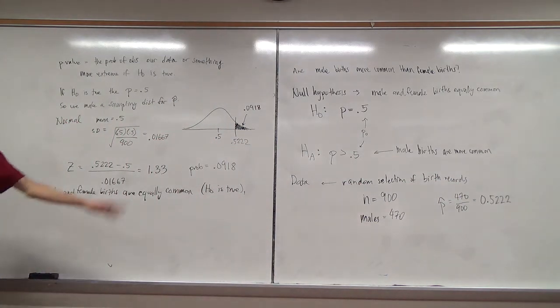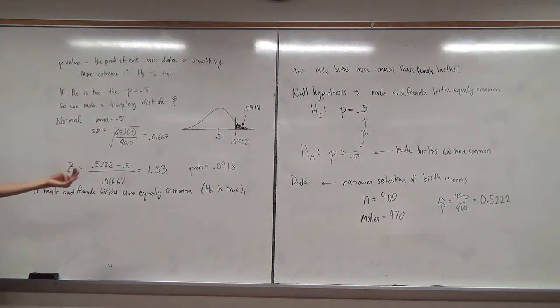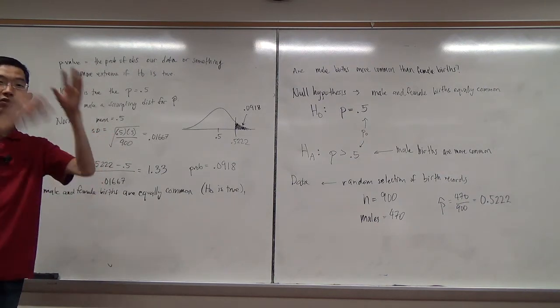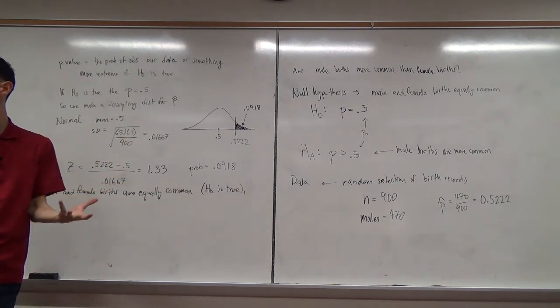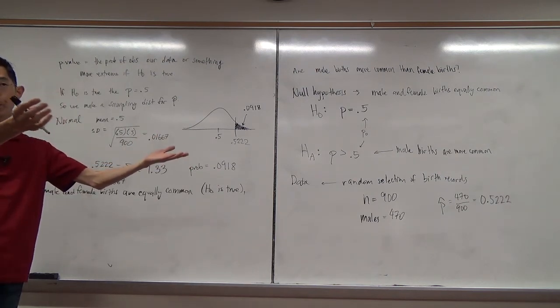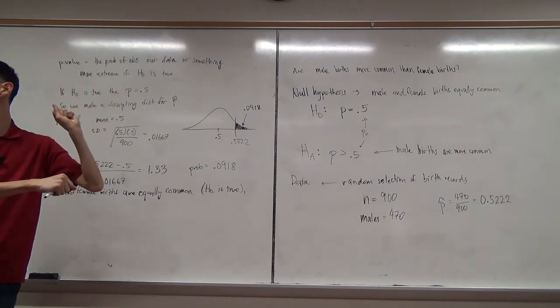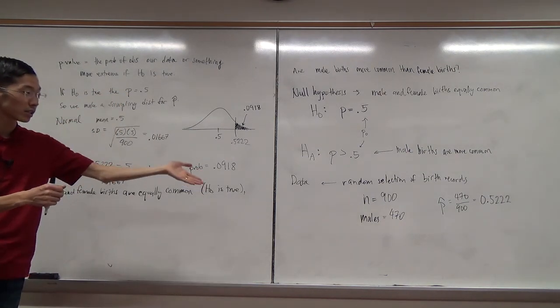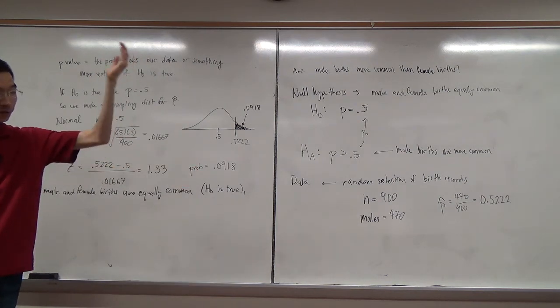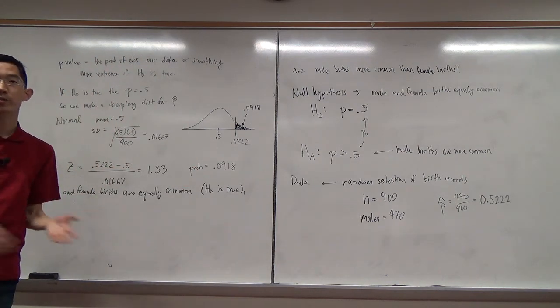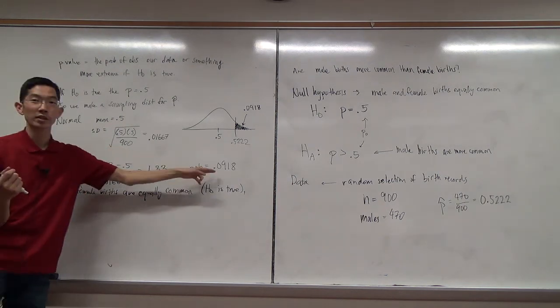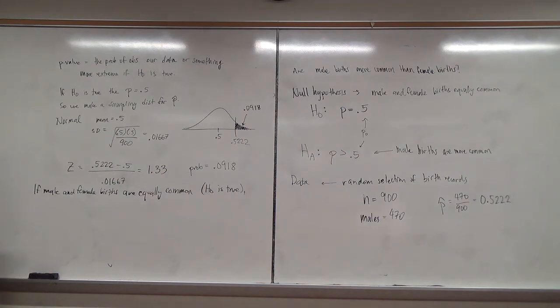So we're not observing 50% male births, we're observing 52% male births. The probability of that happening based on random chance, meaning just from the random selection of 900 birth records. Because if I go into the population and select another 900 birth records, I'm going to get a different number here, okay? So how likely is it for me to get 52% male births just from a result of the random selection procedure? That happens about 9% of the time, okay?